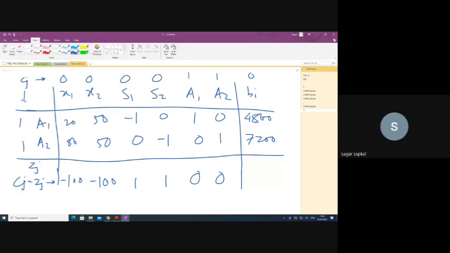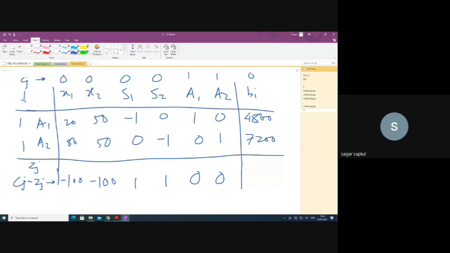Yes. Okay. If there is a tie in the Cj minus Zj values, then you can choose arbitrarily, anyone. But if there is a tie between two decision variables, choose any one of these two. If there is a tie between a decision and a slack variable, then choose the decision variable.